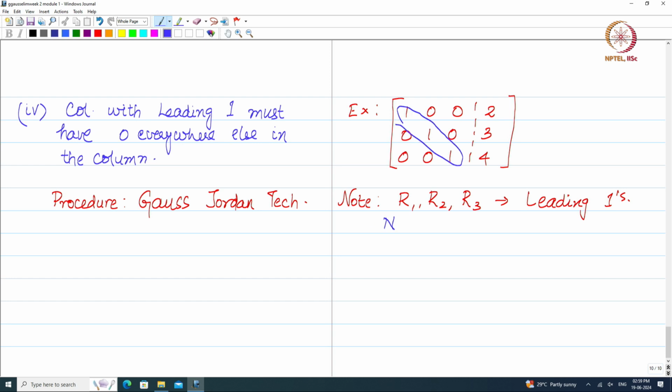Row 2 has a leading one to the right of the leading one in row 1. Row 3 has a leading one to the right of the leading ones in row 1 and row 2. All 3 columns contain leading ones and do not have any other element other than 0. Hence, the matrix A is in reduced row echelon form.